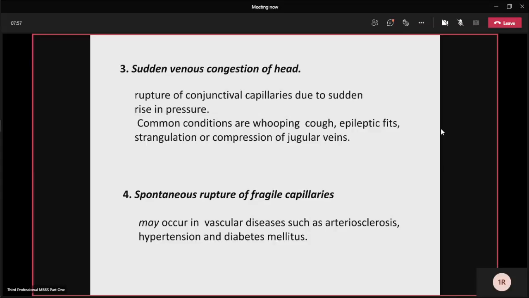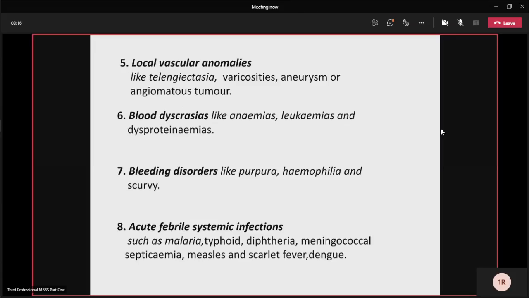Sometimes it may occur due to rupture of fragile capillaries. In older age, the vessels become fragile, such as due to diabetes mellitus, hypertension, arteriosclerosis, and the vessel will rupture spontaneously. Other causes are local vascular anomalies like telangiectasia, varicosities, aneurysm, or an angiomatous tumor associated with other ocular tissue.